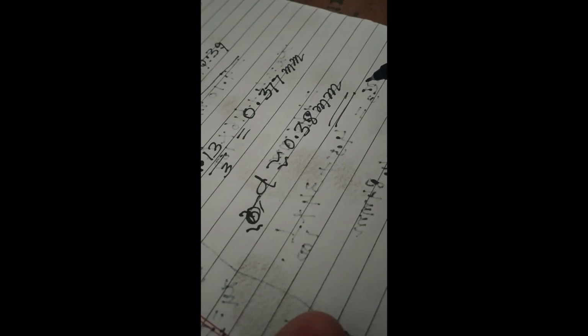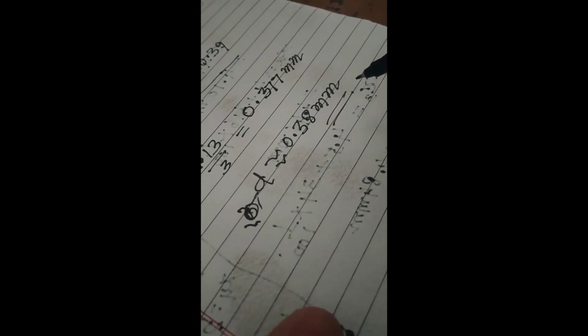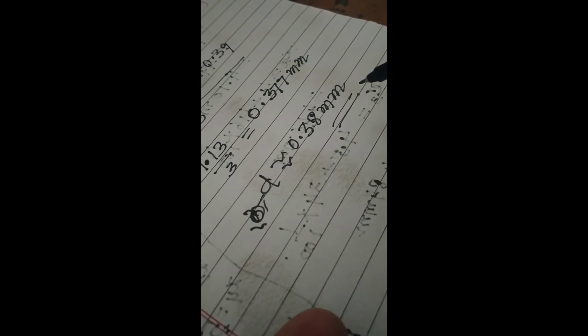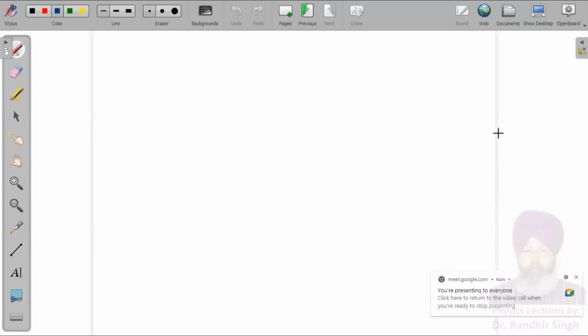So we can now find the value of the speed of ultrasonic waves in water by using the formula that I will now describe on my graphic tablet. Okay, welcome students. Now we have made the calculations.